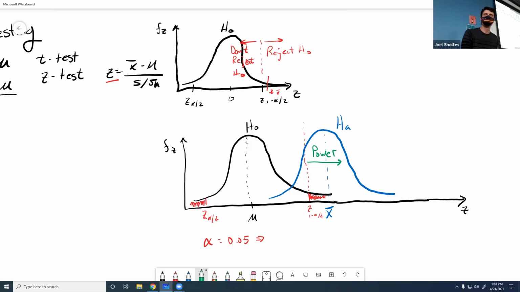So power is represented as this area, or the probability. Say if I counted chocolate chips in 1,000 boxes of cookies, what's the probability that I am going to correctly reject the null hypothesis? And so we'll just write that out.